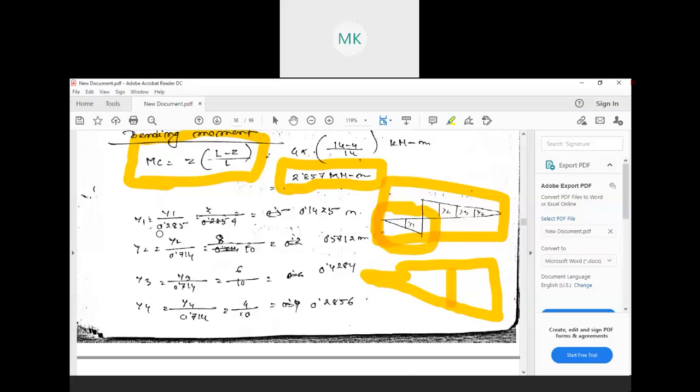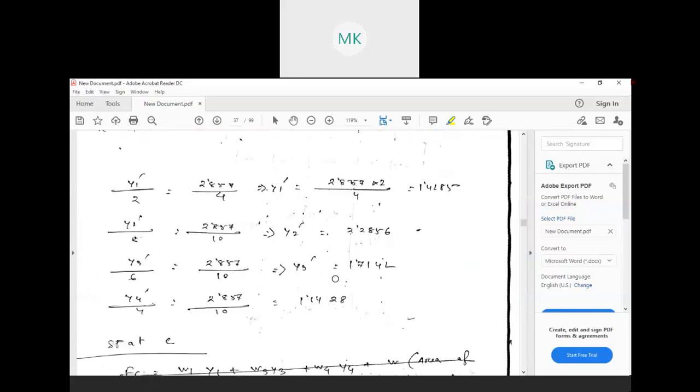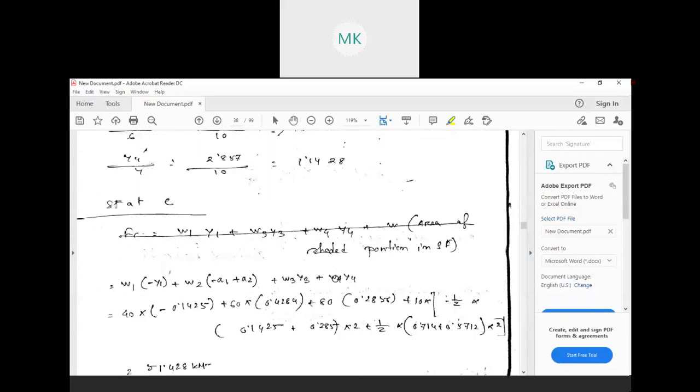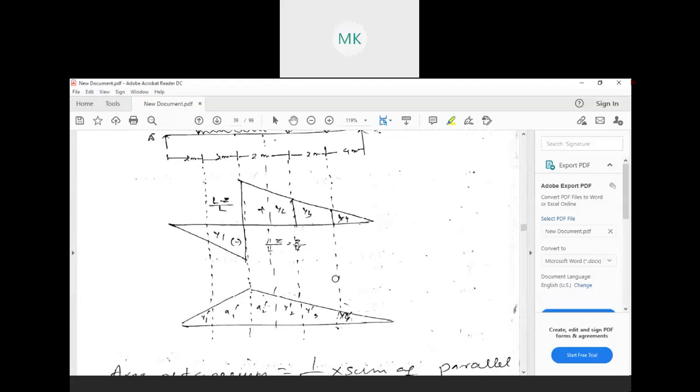Using the similar triangle formula, we simply consider all the values. We already know these values because we have already found FC.